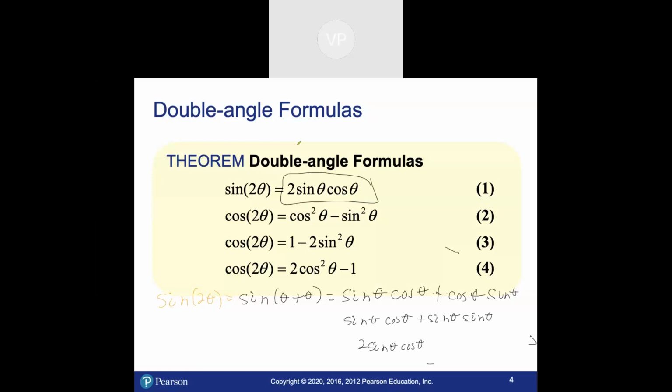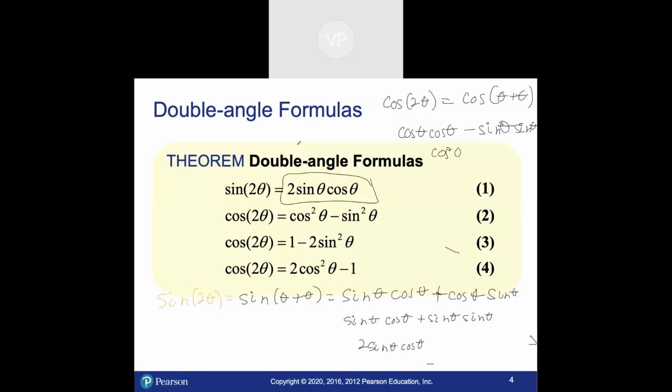For the cosine, it's the same thing. When you get cosine of 2 theta, it's cosine of theta plus theta. And then that gives us cosine theta, cosine theta, minus sine theta, sine theta.